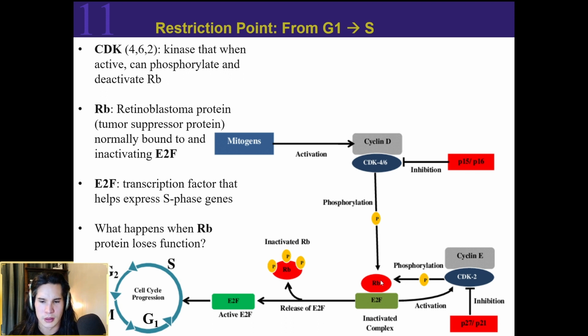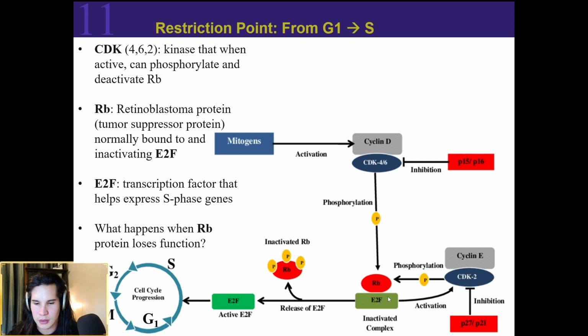So normally, your tumor suppressor protein is inhibiting this. It's inhibiting your E2F from initiating S-phase proteins. However, when your CDKs, which are activated by their cyclin counterparts, phosphorylate retinoblastoma protein, your retinoblastoma protein will dislodge from E2F.